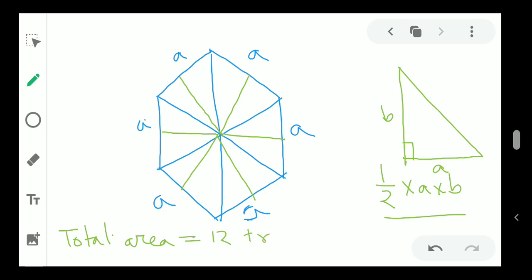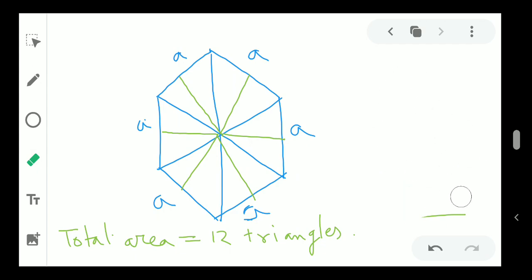So if I find the area of any one single triangle and then multiply by 12, I will get the area of the total hexagon, right? Okay, so now let us do that.